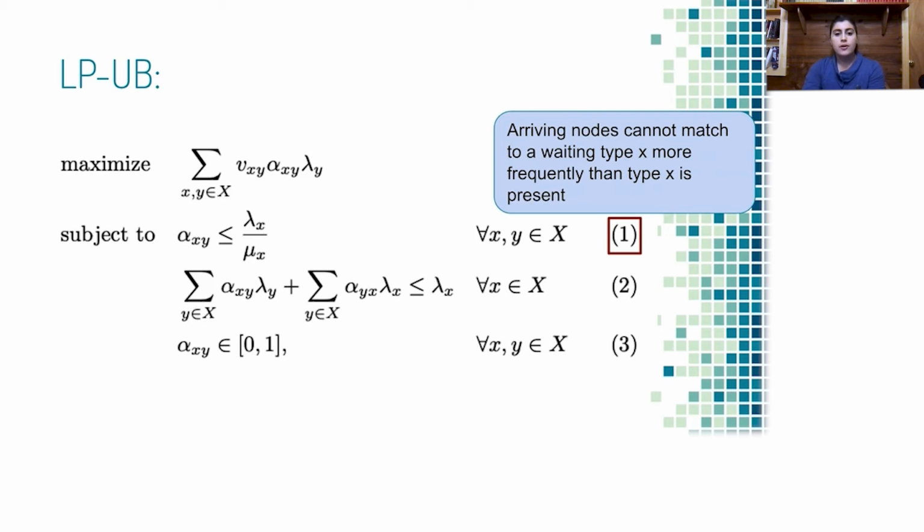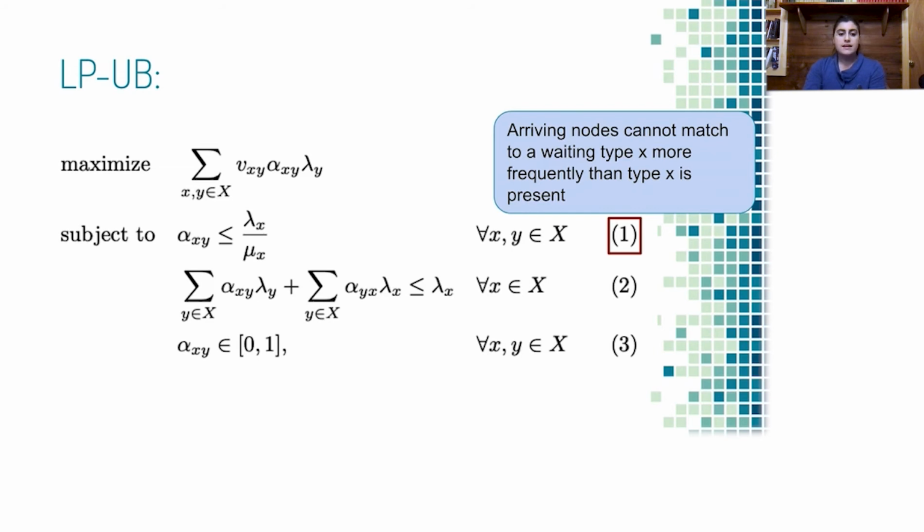So, for example, if you expect that some type X is in the system very rarely, say it has a high departure rate and a low arrival rate, then it is not reasonable that we could possibly expect that our node Y would be able to match to it almost all the time that it arrives. The second constraint is bounding the total match frequency of any particular type.